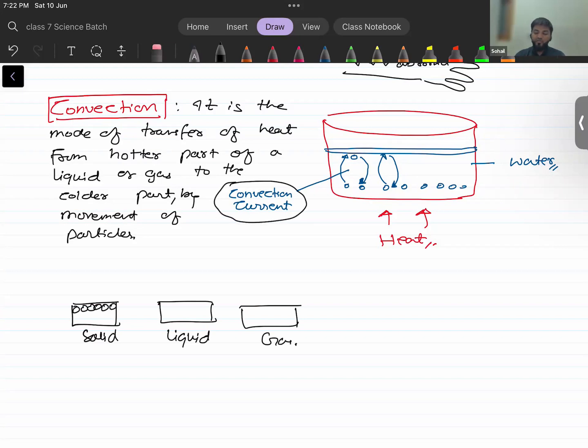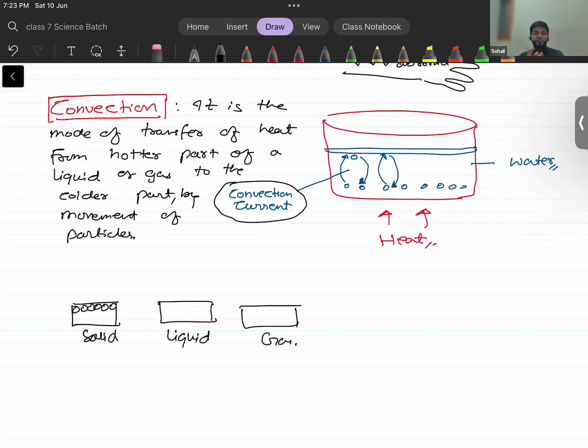The movement of particles generates convection currents, and hence heat is carried to all particles of the medium. The transfer of heat by convection cannot take place in solids, because the particles in solids are fixed at a place and cannot move about freely.